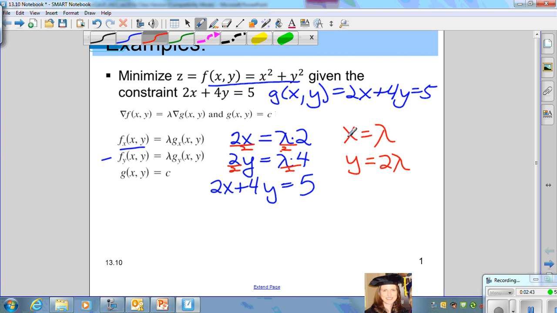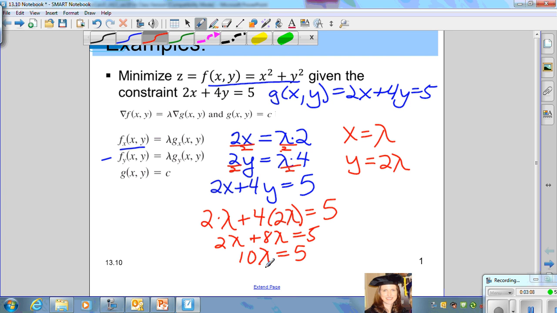When we plug that into the third equation, it's 2 times our value for x, which is lambda, plus 4 times the value for y, which is 2 lambda, equals 5. When we simplify this, we get 2 lambda plus 8 lambda is equal to 5. So 10 lambda equals 5, and that means lambda is equal to 5 over 10, or 1/2.